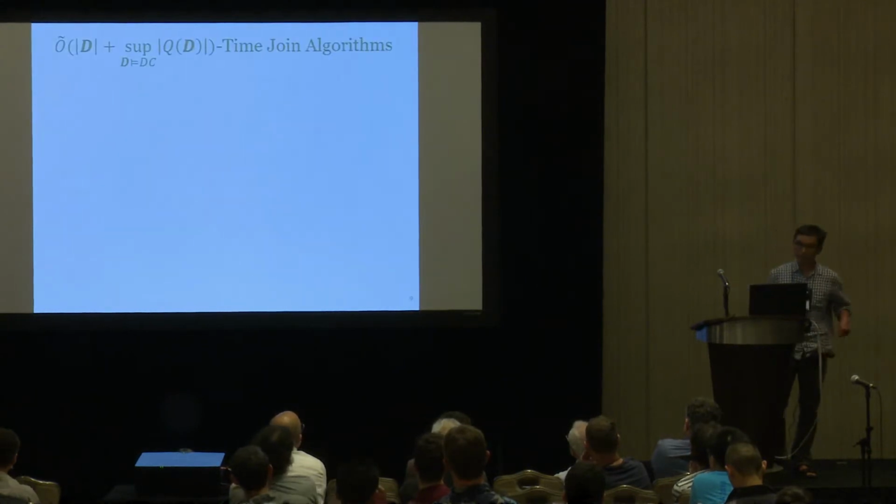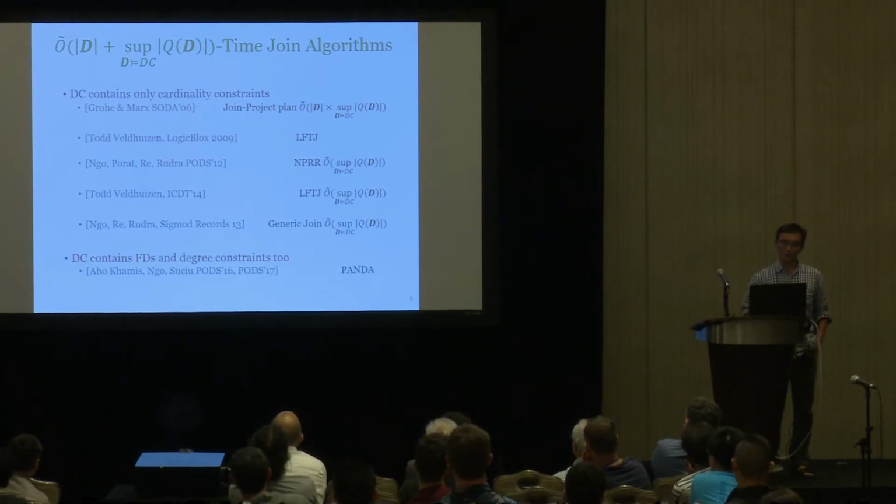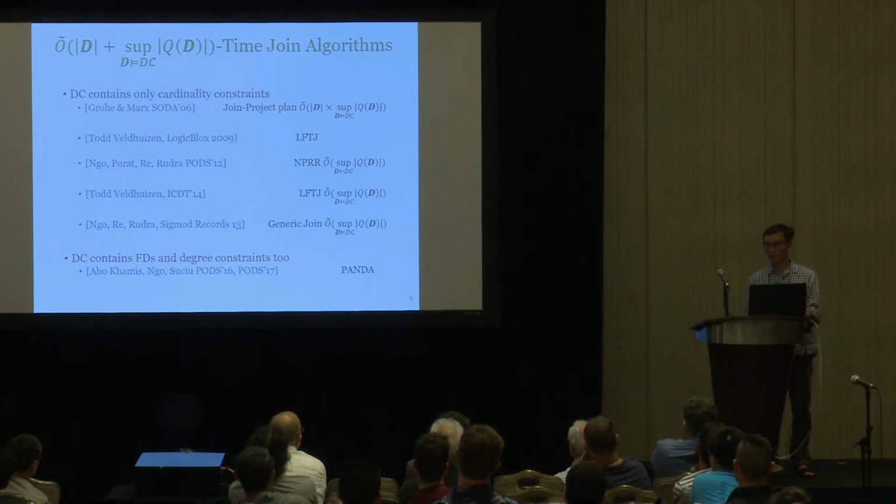Now, in terms of algorithms, there's also quite an interesting history. In particular, one thing that was fascinating was that Todd, who was at LogicBlox, designed and implemented this algorithm without knowing that his algorithm was actually worst case optimal. And then he only found out after we dug this out and proved that the thing was worst case optimal.